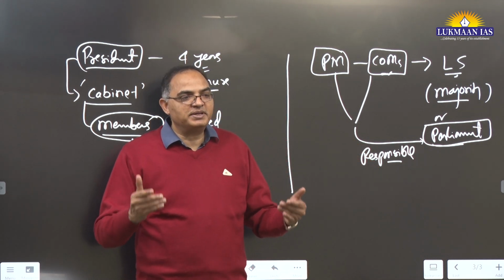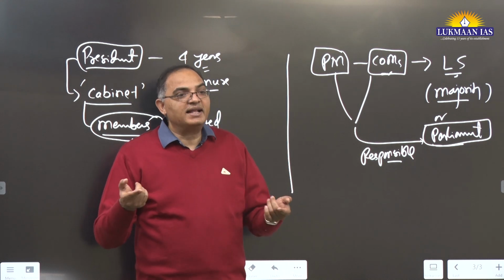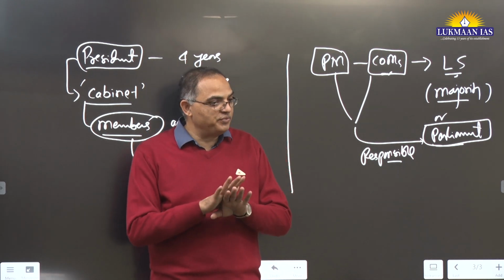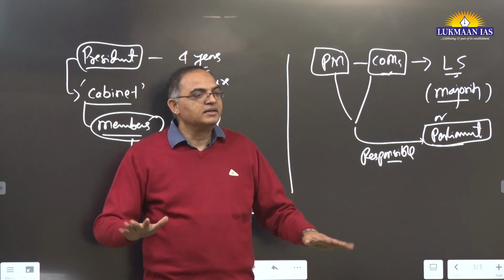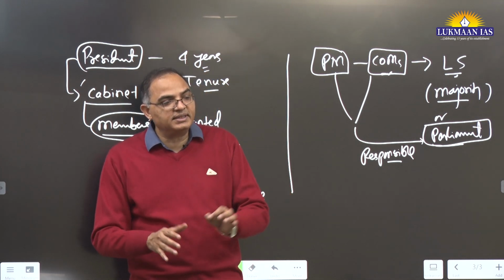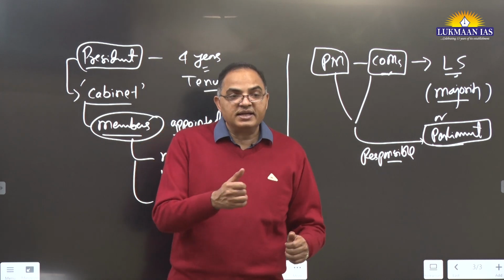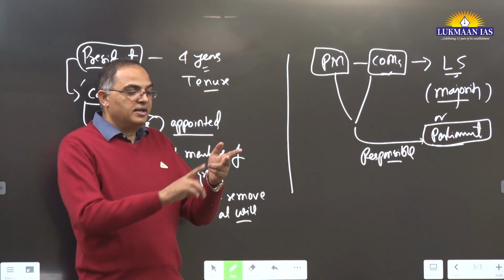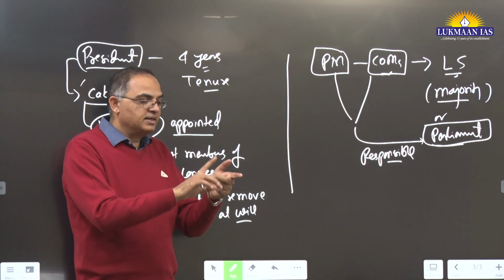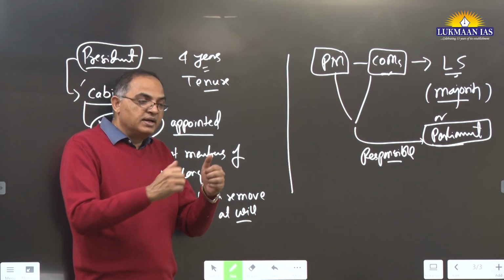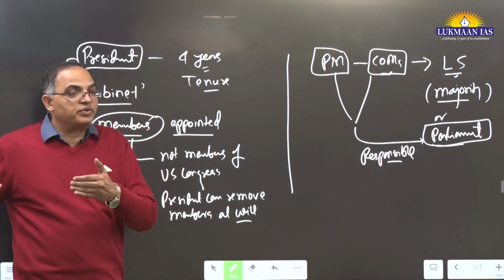Then he was prime minister for 13 months, and then lost confidence in Lok Sabha, so the government fell. That is how in parliamentary democracy there is unstable tenure. In presidential democracy there is stable tenure.